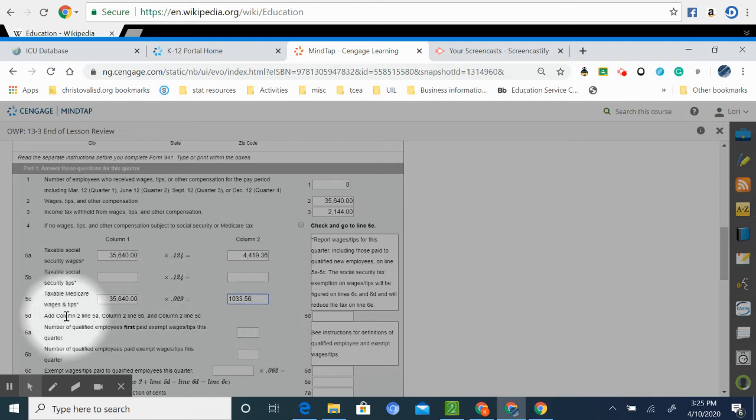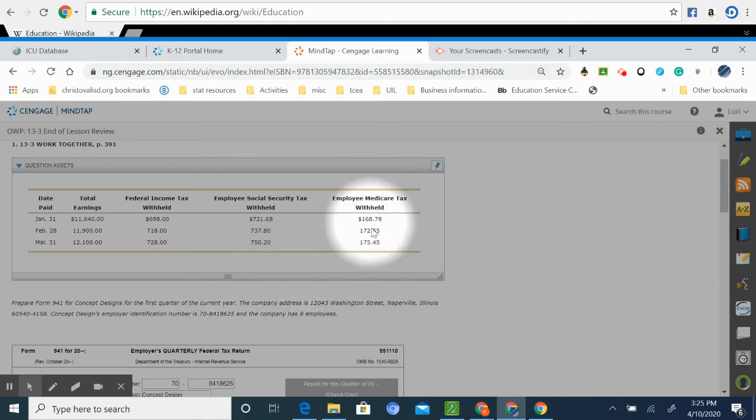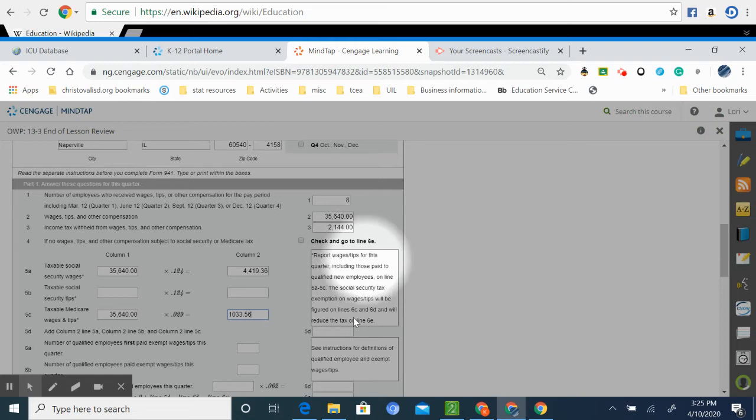And so that fills out the total. When we multiply the 35,640 times the 0.029, you get $1,033.56. Again, double check: total these numbers up and times 2. It should equal.